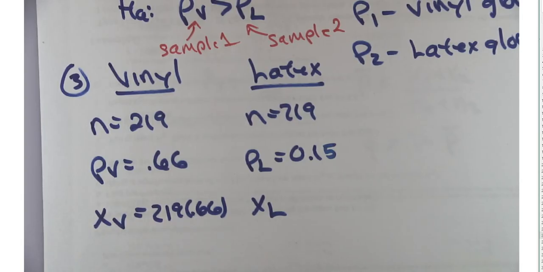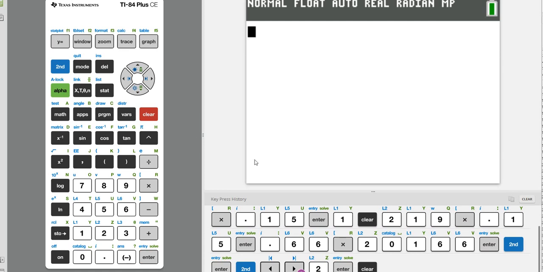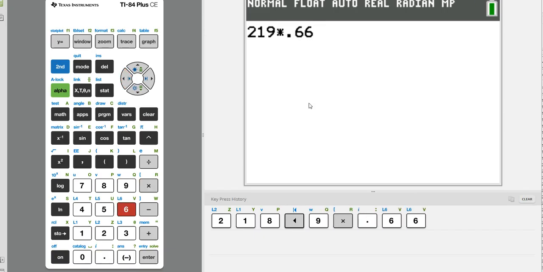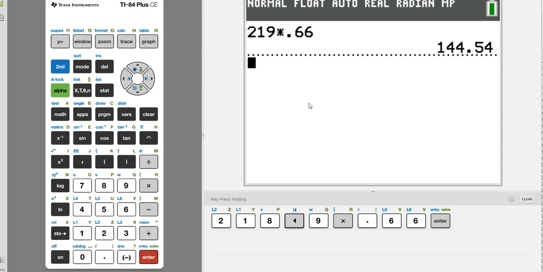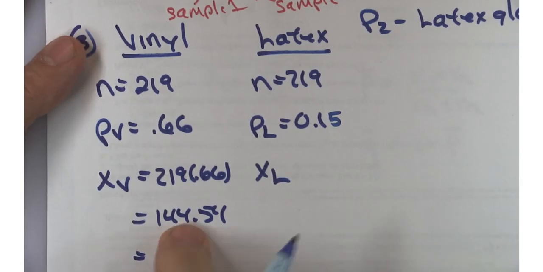So let's actually get the correct number here. So 219 times 0.66, 144.54. So where should I round this? 145. So if you try to put the unrounded number into StatDisk, it's not going to like you.